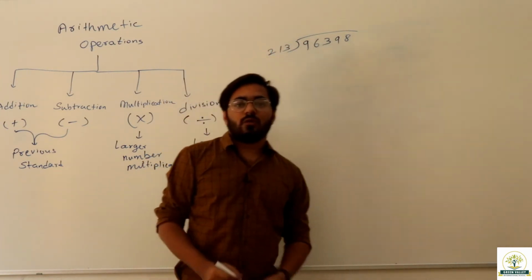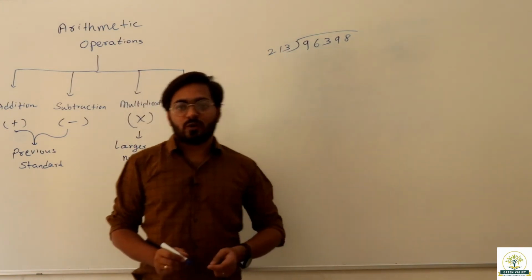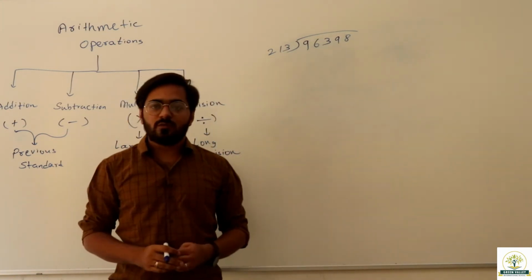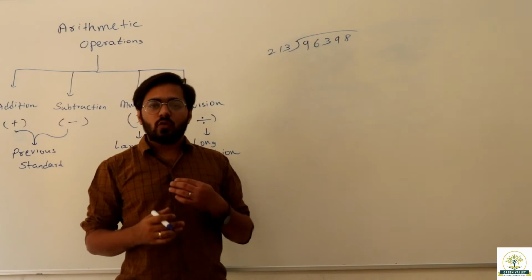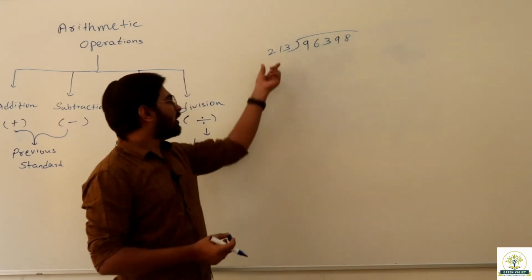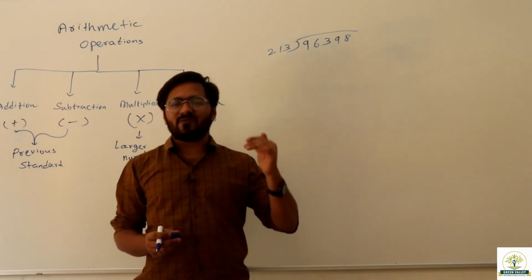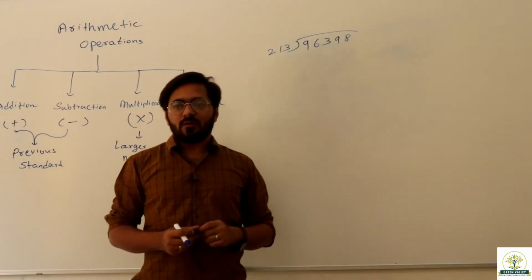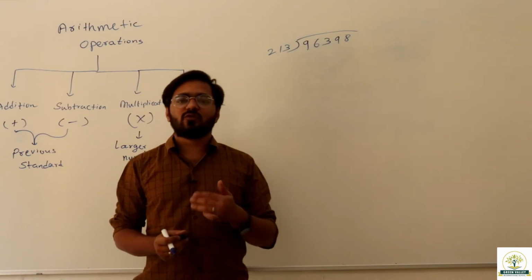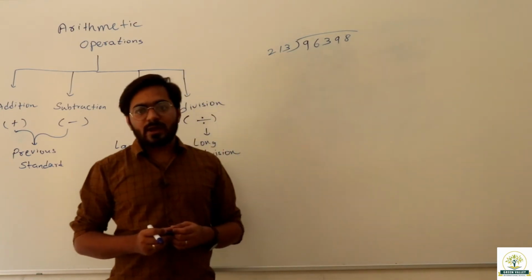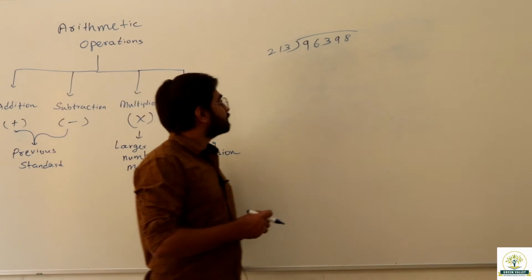Now sir, we don't know the table of 213, so it's okay, no problem. You just need to round off the values. 213 is closer to 200, so we will check for 200's table, because you know 2's table, so you obviously would get to know 200's table.